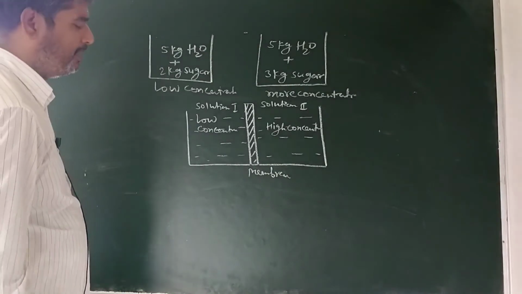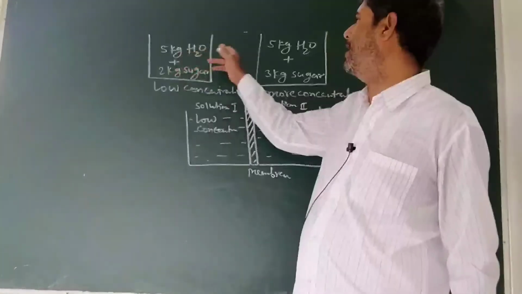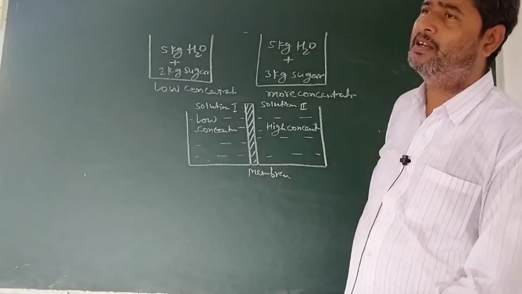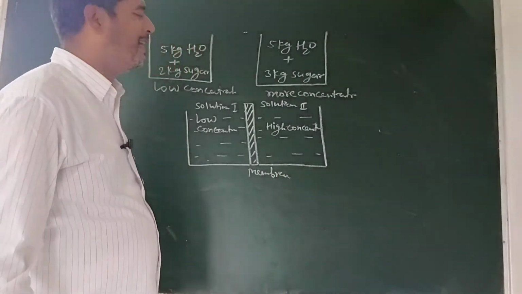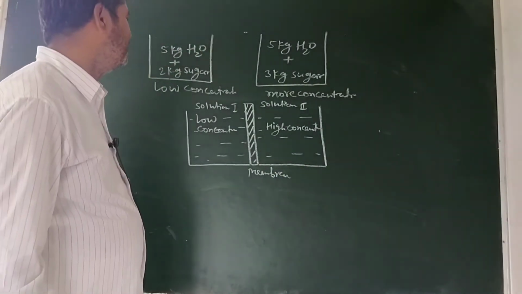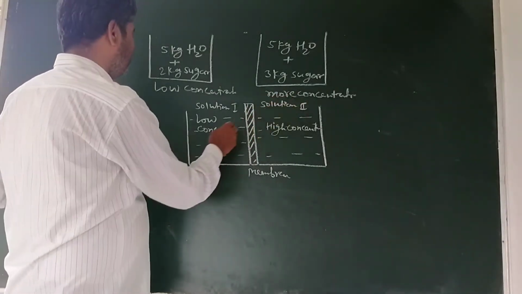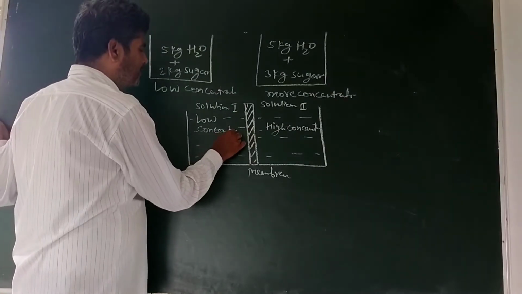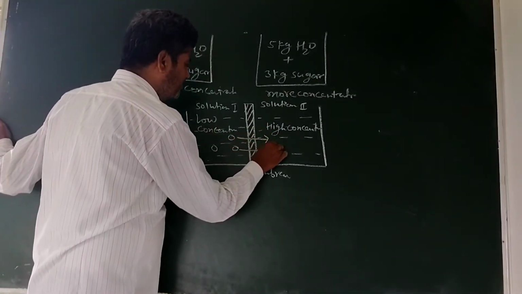In osmosis, solvent molecules, so here solvent is water in both, migrate from low concentration to high concentration. It has low concentration, thus solvent molecules will enter the high concentration.